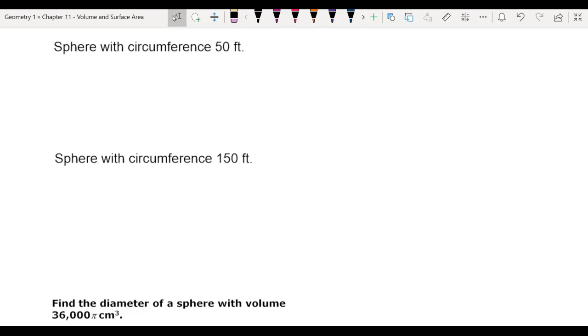It says you have a sphere with circumference 50 feet. What this wants you to do is find your volume and your surface area. Okay, so we're still finding volume and surface area, but it doesn't give us our radius or our diameter.